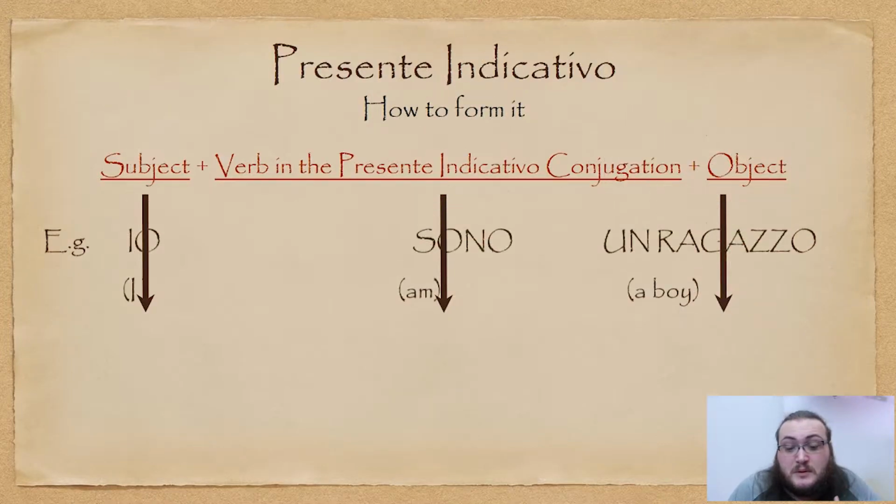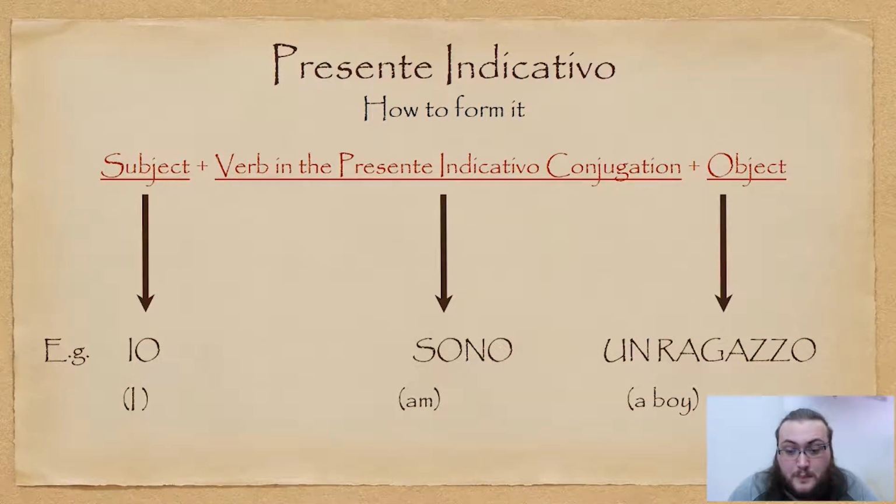The subject, io, I. The verb in the presente indicativo conjugation, sono, I am. The object, un ragazzo, a boy. So, I am a boy. Io sono un ragazzo. This is a sentence in the presente indicativo tense. So we have a subject, a conjugated verb, and an object.